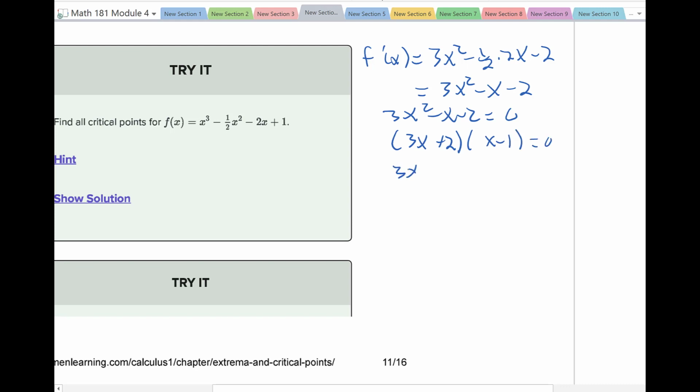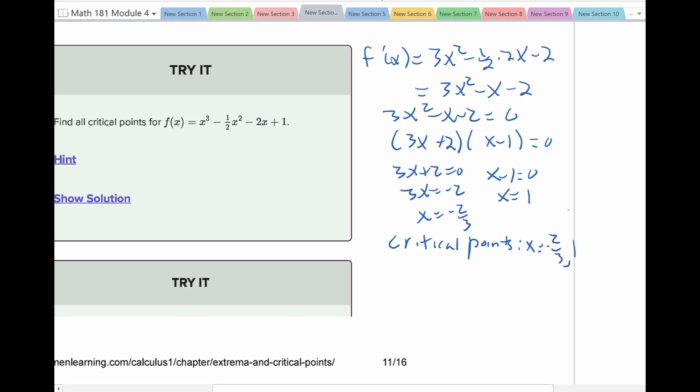So 3x plus 2 equals 0 means 3x equals negative 2, or x equals negative 2/3. X minus 1 equals 0 means x equals 1. So those are our critical values, x equals negative 2/3 and 1.